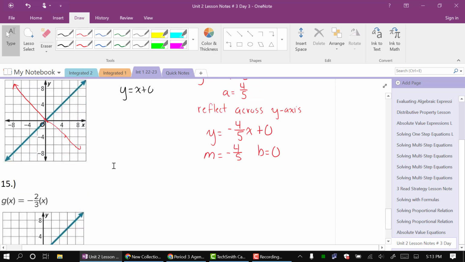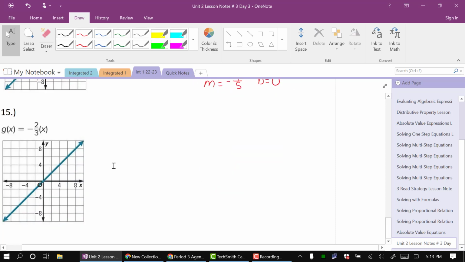Let's take a look at our last example that we're going to work through today. So I have my parent function. I always start off with my parent function, f of x equals x. This is the most basic of the linear functions. It translates over into y equals x plus 0. What is the function that I'm going to be graphing, the new function?